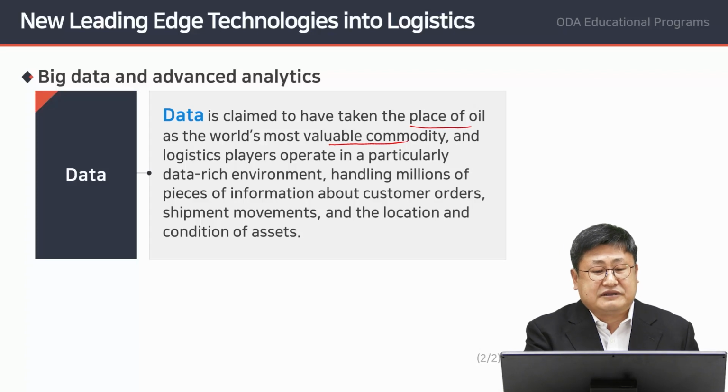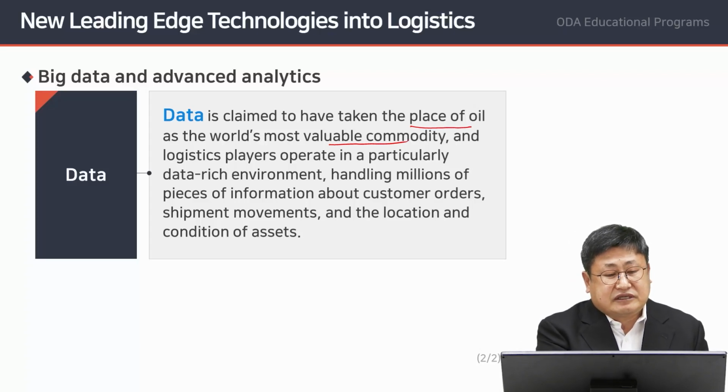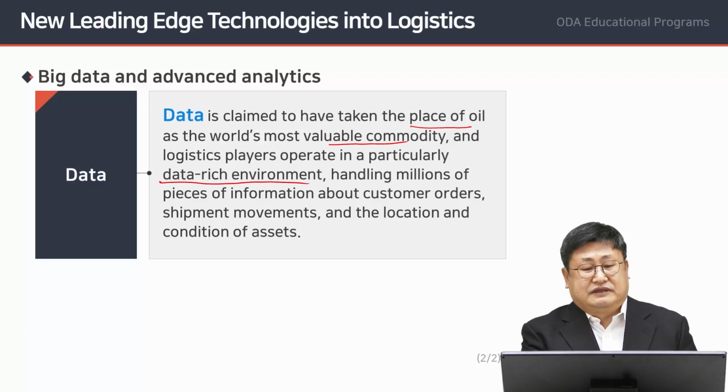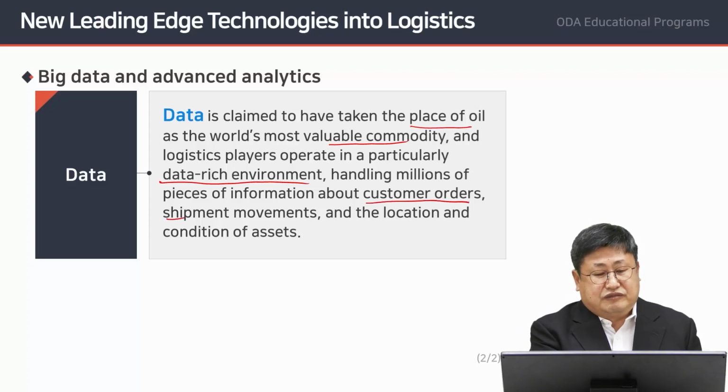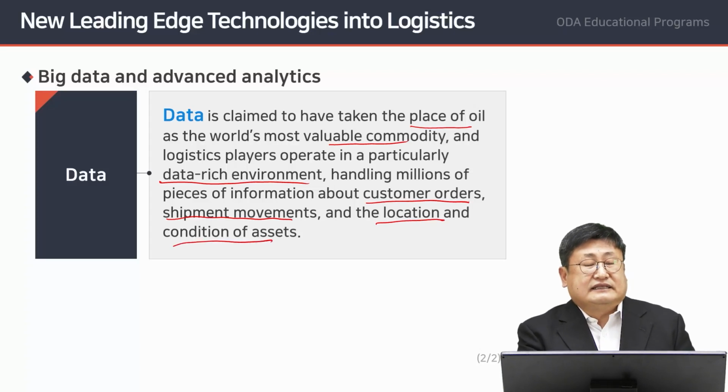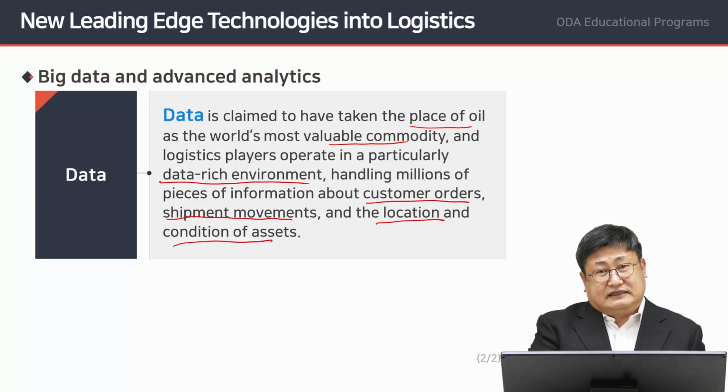Logistics players operate in a particularly data-rich environment, handling millions of pieces of information about customer orders, shipment movements, and the location and condition of assets. These are data, and it's a huge amount of data.